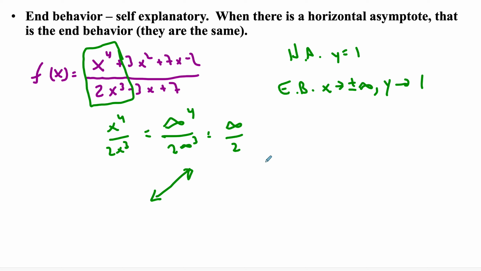But we would say that in this case the end behavior for this particular graph would be x goes to, notice how I'm always writing it out as this, y goes to, well, positive and negative. As x goes to positive, y goes to positive, and as x goes to negative, y goes to negative.